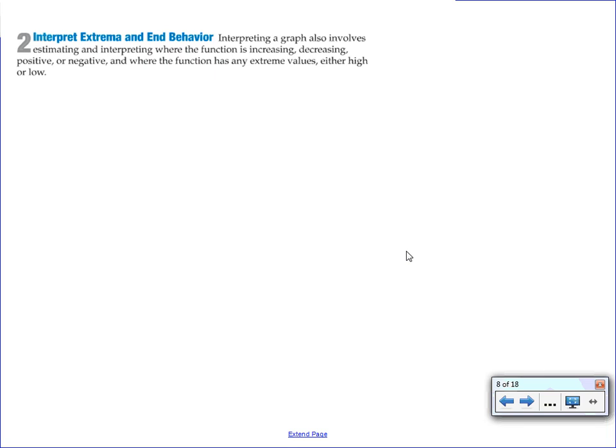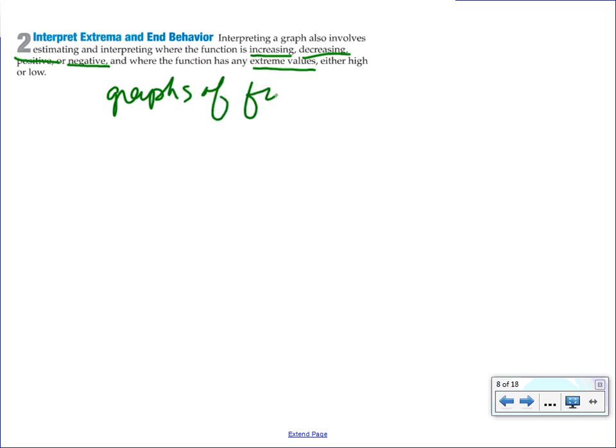Okay. So when you interpret a graph, it involves, like we said, estimating and interpreting where the function is increasing, where it's decreasing, where it's positive, where it's negative, where it has extreme values, either high or low. So when we're interpreting graphs of functions, we're going to look at increasing and decreasing behavior in the line.